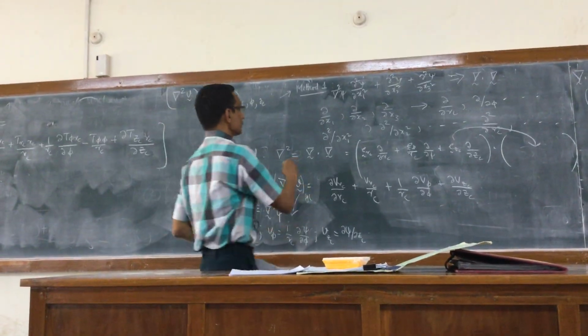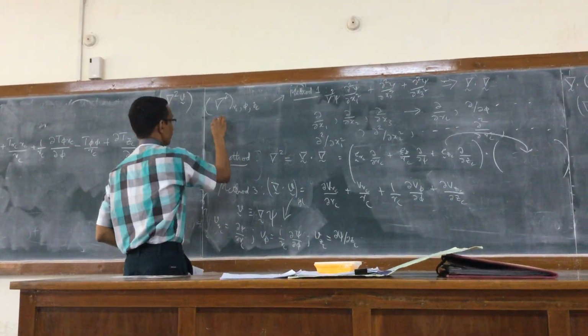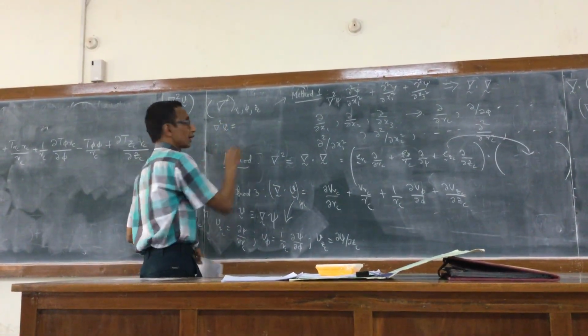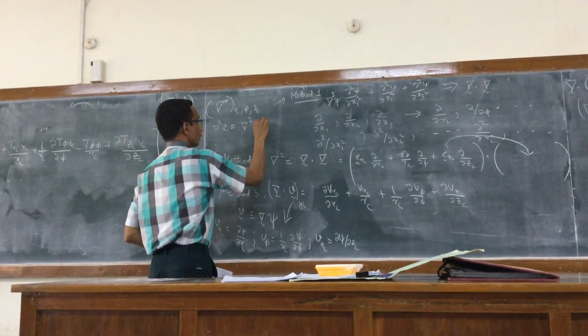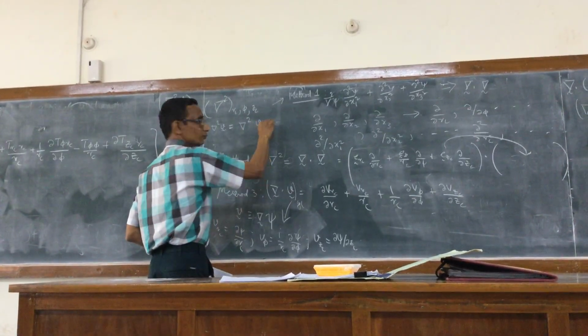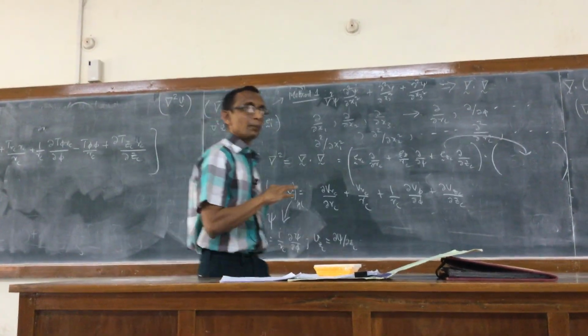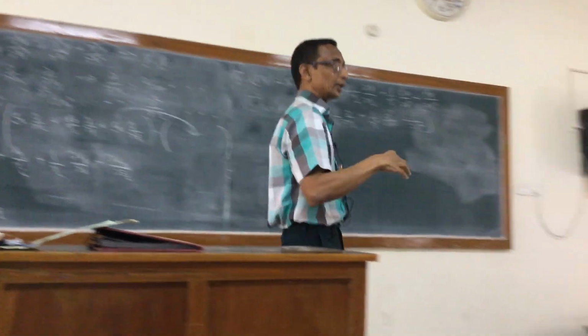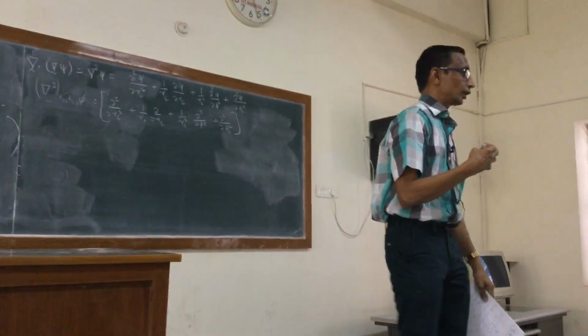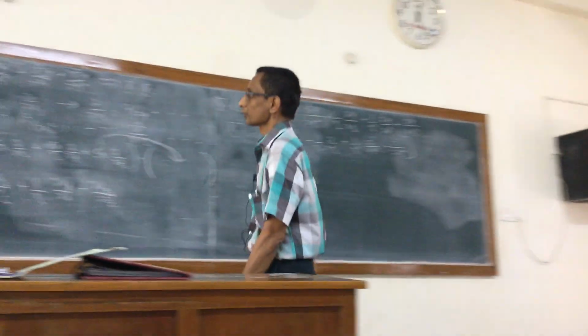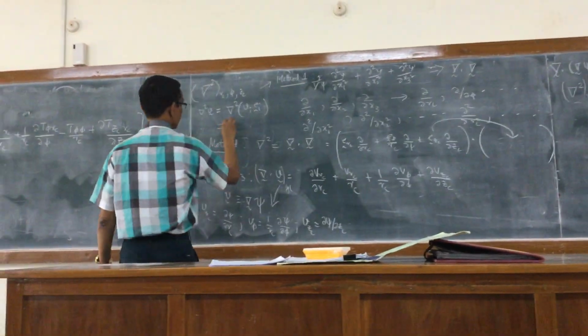Now the Laplacian of a vector can be written as the Laplacian operating on d_i e_i. However, because the e_1, e_2 and e_3 are independent of the coordinates, I can simply write this.